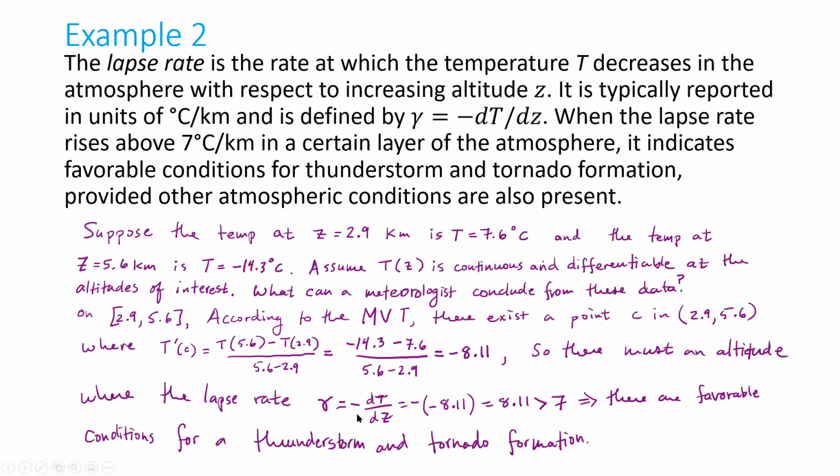Because the mean value theorem suggests that there would be a point where the derivative is equal to this, then of course it's also got to hit all the values coming up to that 8.11 because it's continuous. So that would also imply, with the intermediate value theorem, that it's going to also include some other values that are greater than 7.